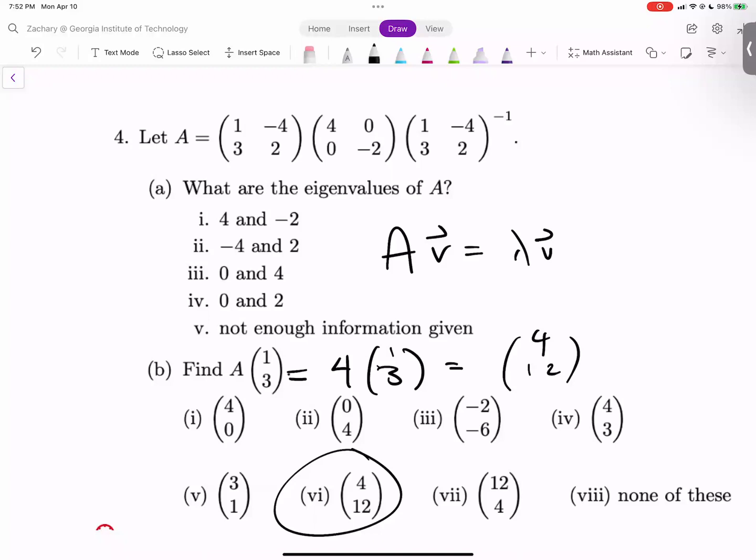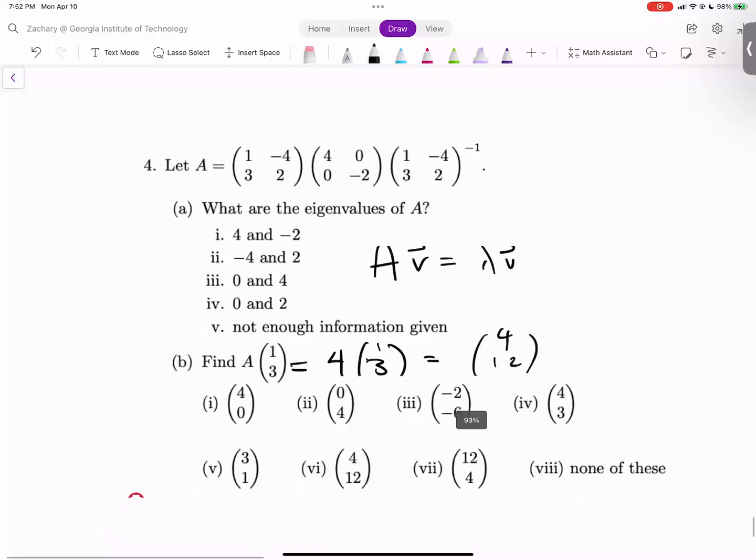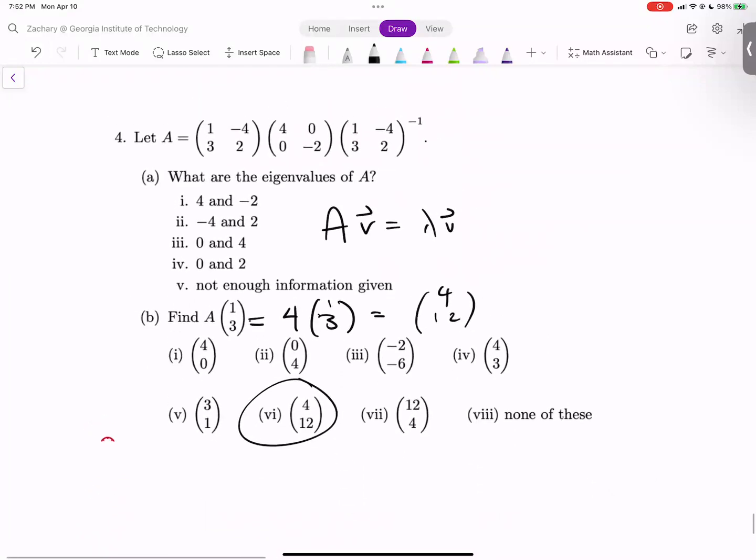That is a fantastic question. That's actually why we do diagonalization. If they ask me what is A times negative 3, 5, okay, this sucks. We don't know what A is, and I don't really want to multiply a 2 by 2 by a 2 by 2 by the inverse of a 2 by 2. So what we can do instead, if it's diagonalizable, is break up vectors into parts that are eigenvectors instead.